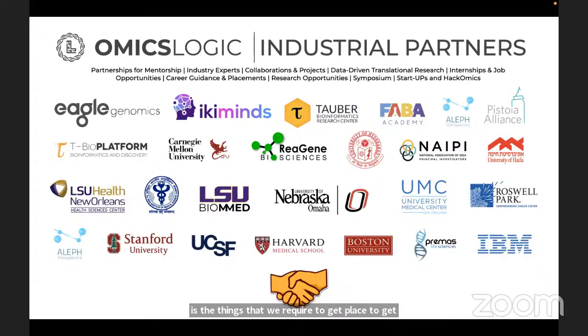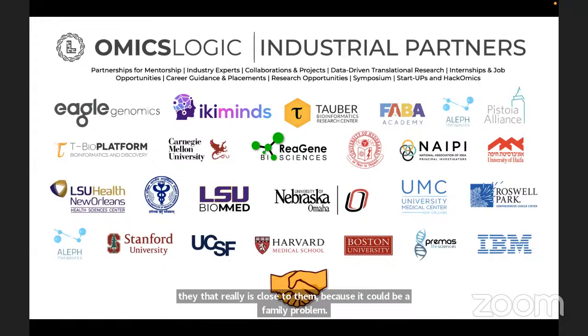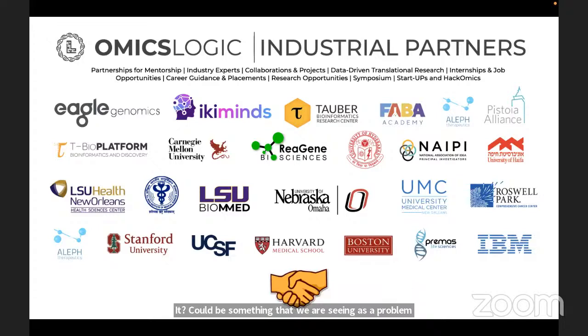Because bioinformatics, data science, and big data have enabled a lot of researchers and students to work on a project that is really close to them, because it could be a family problem, or something we see as a problem in our local areas. So we are now capable of working on those problems and finding solutions. And there are also business models which help us generate money to cover all of that.